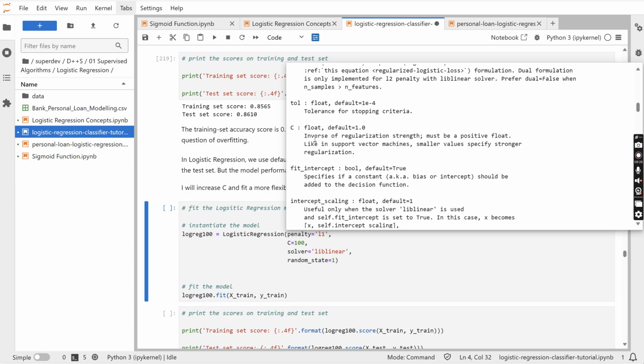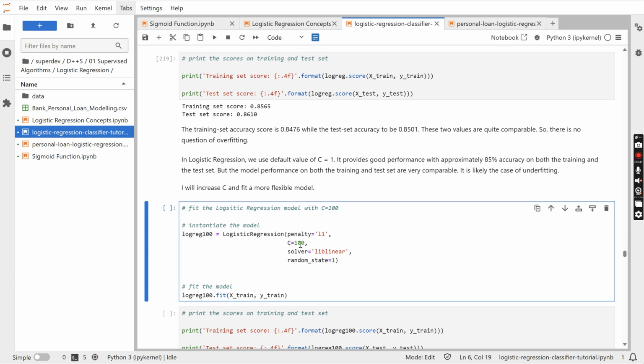It is the inverse of the regularization strength, meaning how much regularization is to be induced in the model. So the higher the value, the stronger the regularization. This way you can experiment with various values here.